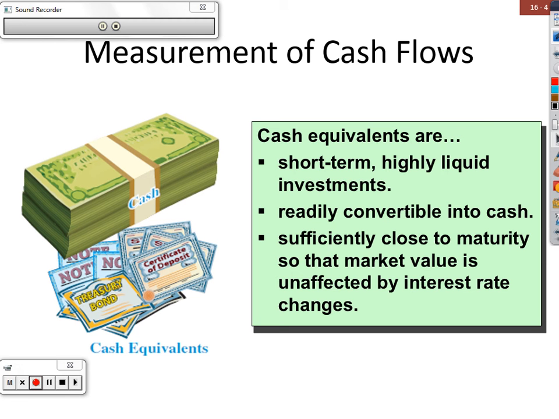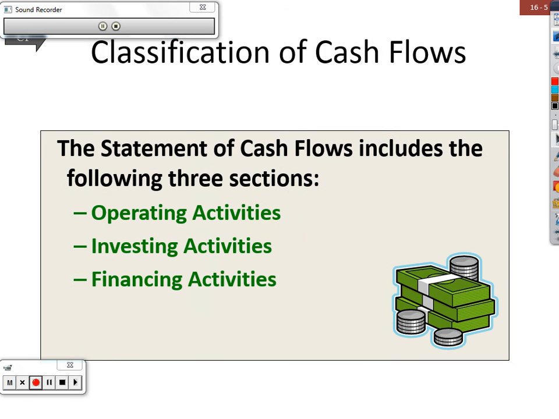So we can honestly say that cash equivalents are highly liquid, meaning highly convertible, quick to convert, and they are sufficiently close to maturity. So the market value is what? Not really changed by interest rates. Because sometimes, certain things affect a change in interest rates depending on the market by day, right?